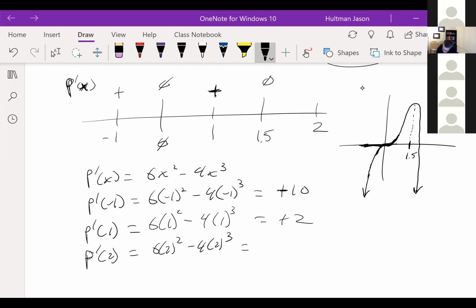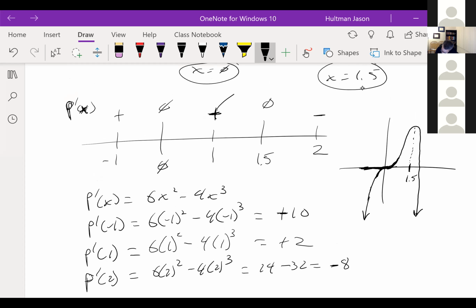Well, 2 squared is 4, 6 times 4 is 24. 2 cubed is 8, 8 times 4 is 32, and this becomes negative 8, so that's a negative. So where did it go from positive to negative? At 1.5. And what do we know happens when we go from positive slopes to negative slopes? We get a maximum value.